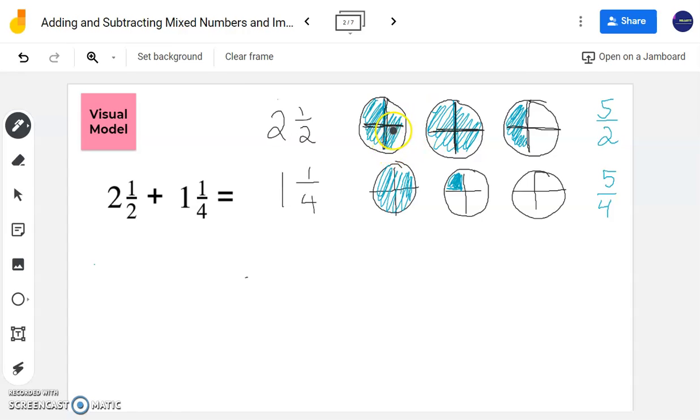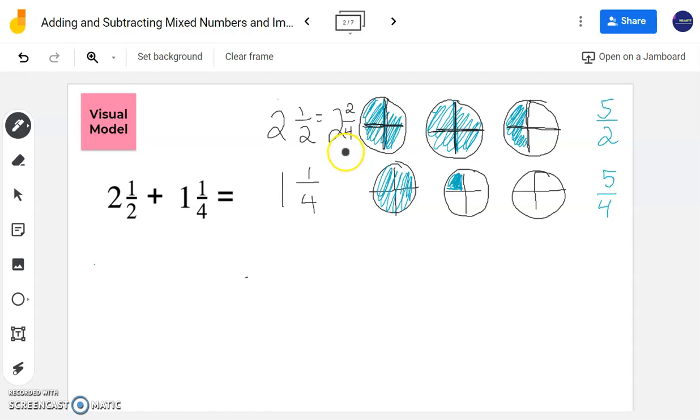So now when I have 2 1/2, I can also represent 2 1/2 as 2 fully shaded circles. And instead of 1/2, I notice I have 1, 2. I have 2/4 shaded in. But notice when I represented 2 1/2, it's equivalent to 2 2/4. I just changed that visual model just a little bit to create an equivalent fraction.